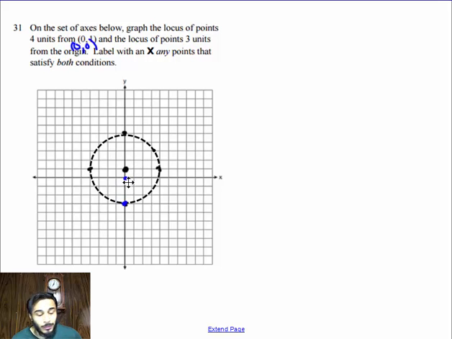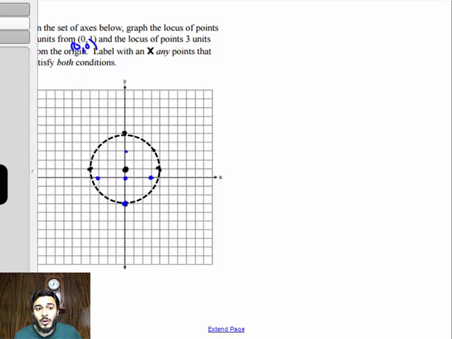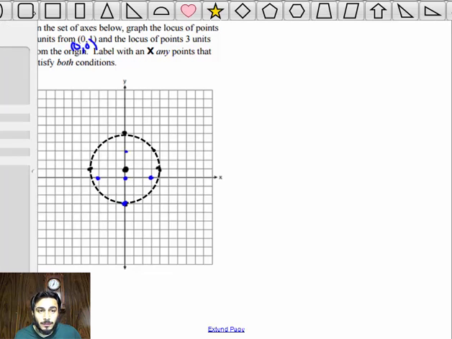Do another one 3 units away from the origin. 1, 2, 3, right there. And another one, 1, 2, 3. And another one, 1, 2, 3. And you'll realize, oh wait a minute, a circle will represent all the points that are 3 units away from the origin, a circle with a radius of 3.